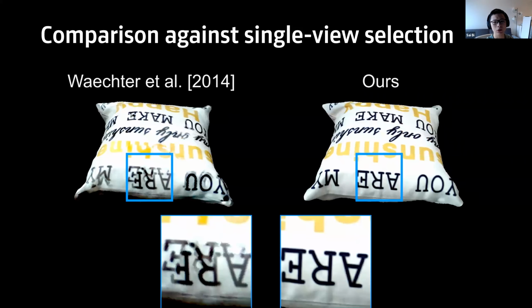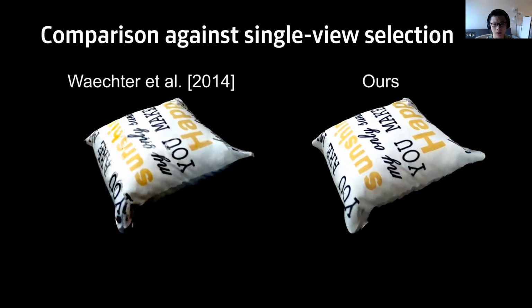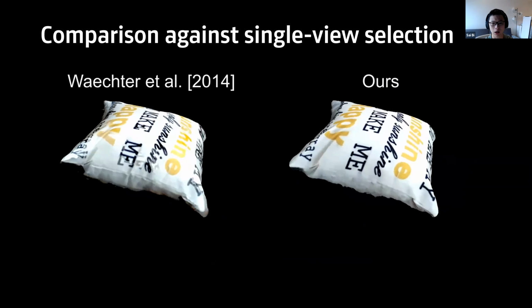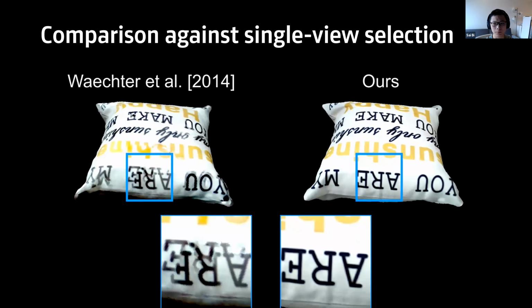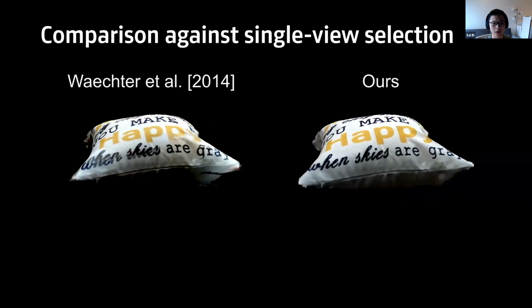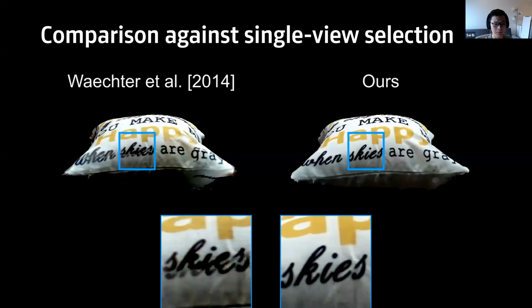So this video shows the comparison between the single view selection method and our method. Single view selection selects one view per face by solving an optimization system to hide the seams between adjacent faces. However, their method is not able to produce satisfactory results in this case, since they assign inconsistent textures to some of the adjacent faces and produce visible seams and tearing artifacts.